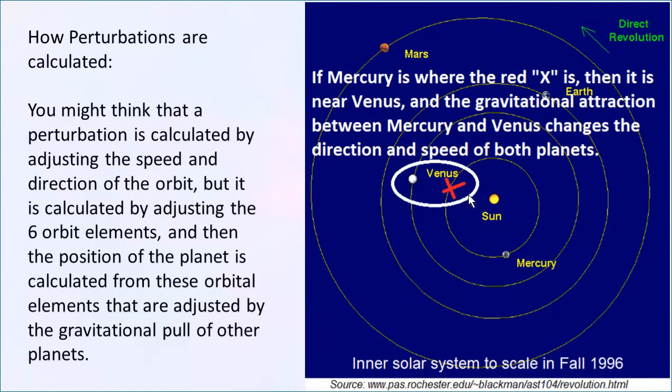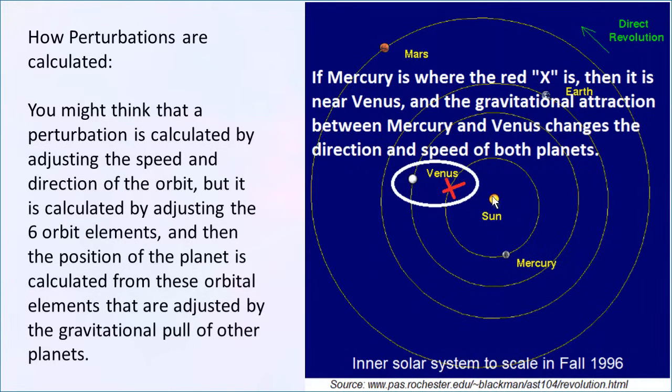But they apply that effect of gravitation, not directly to the position. I mean, intuitively, you might think, okay, Mercury's near Venus. Let's pull Venus a little closer to the sun. Let's pull Mercury out a little bit. But rather than apply it directly to the planet, they apply the effect to the orbital elements.